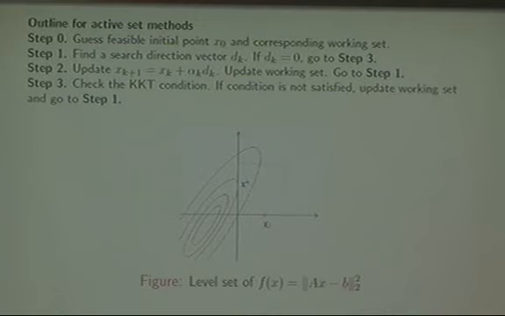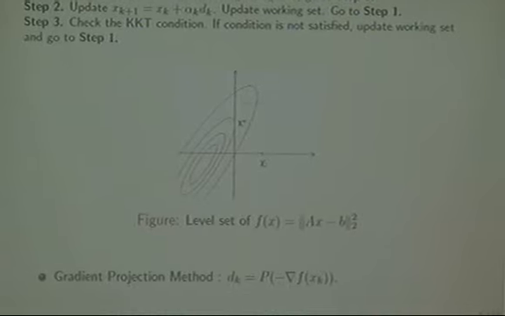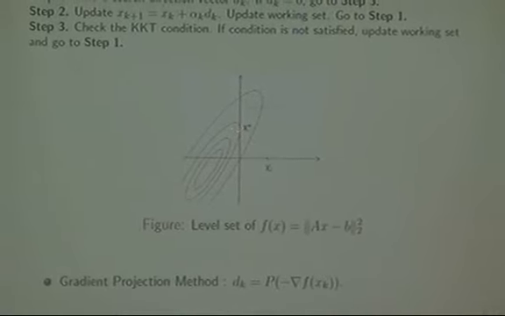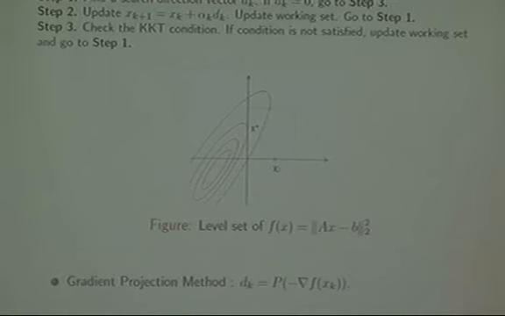The problem is given with inequality constraints, but if you look at the minimum point, some constraints become inequality constraints, and some become equality constraints. So the active set method finds the equality constraints from the inequality constraints.